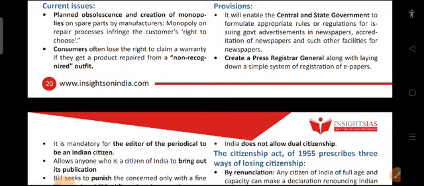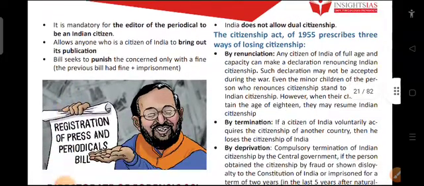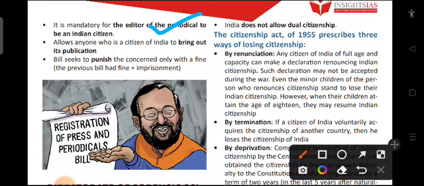So it has given certain rules for government also for regulation, and it has also created a Press Registrar General for simplifying the process, and it is mandatory for the editor of the periodical to be an Indian citizen, and the editor has to be from our country only.